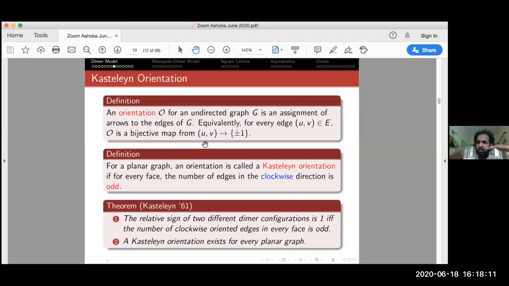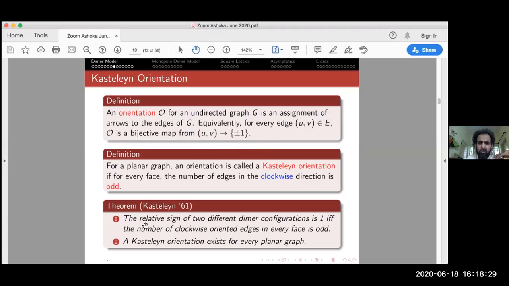So recall that a planar graph is a graph that can be embedded in the plane without any crossings. So then you have these elementary faces, and as you go along each face, if you count the number of edges going clockwise, if that is odd, then you get a Kasteleyn orientation.